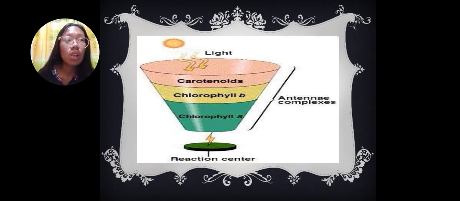Most chlorophyll molecules function as antennae, with relatively few of the hundreds of chlorophyll molecules carrying out photochemistry in the reaction center.